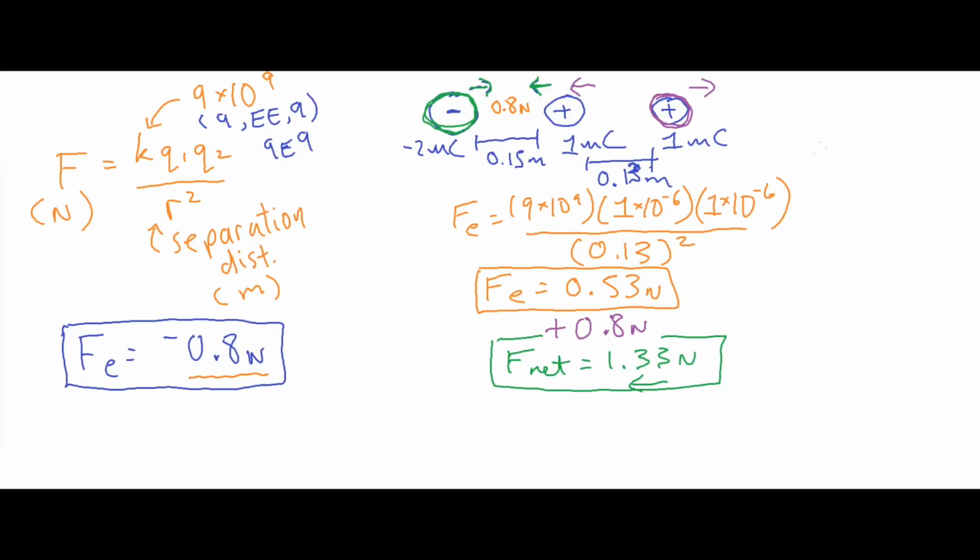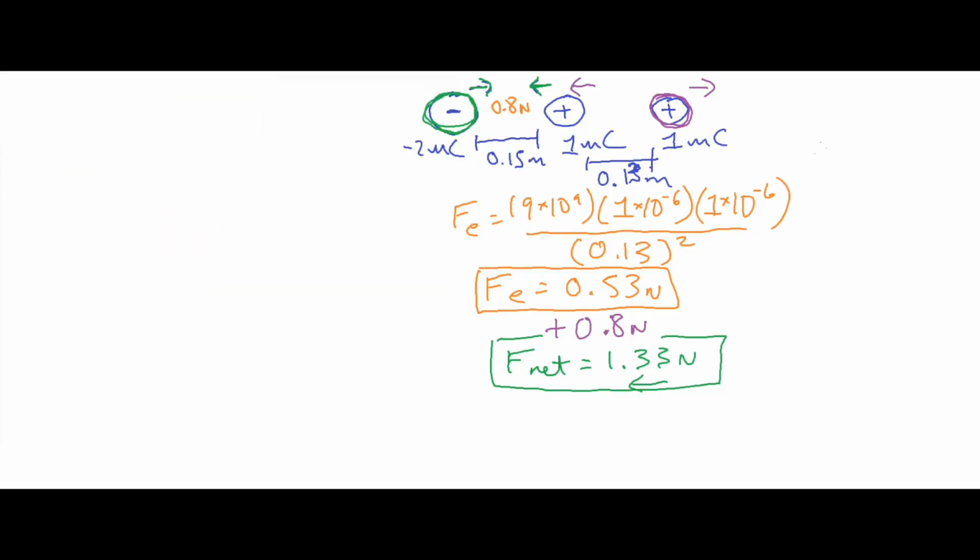All right, let's step it up a notch, and we'll make this a two-dimensional problem. Let's say we are still focusing on the +1 microcoulomb charge, and then we have the +1 microcoulomb charge up here.